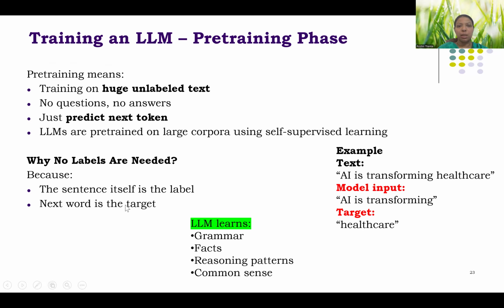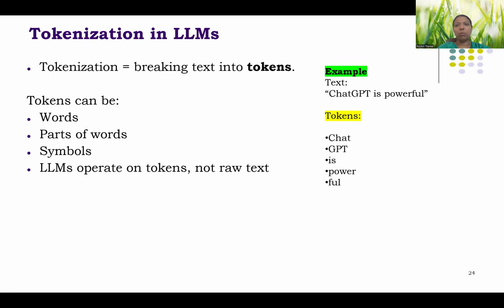So the sentence itself is the label. The next word it wants to predict is the target. It doesn't specifically have labels or target classes. So the LLMs learn grammar, facts, reasoning patterns, common sense, everything. The full context is understood because of the self-attention mechanism.